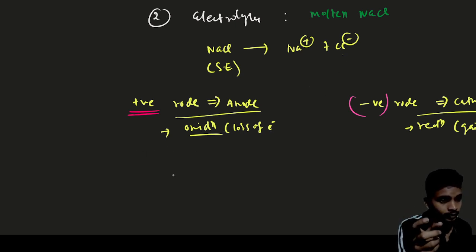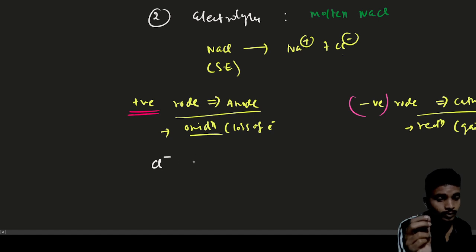Cl minus does oxidation, means loss of electron, so it gives Cl plus electron minus.